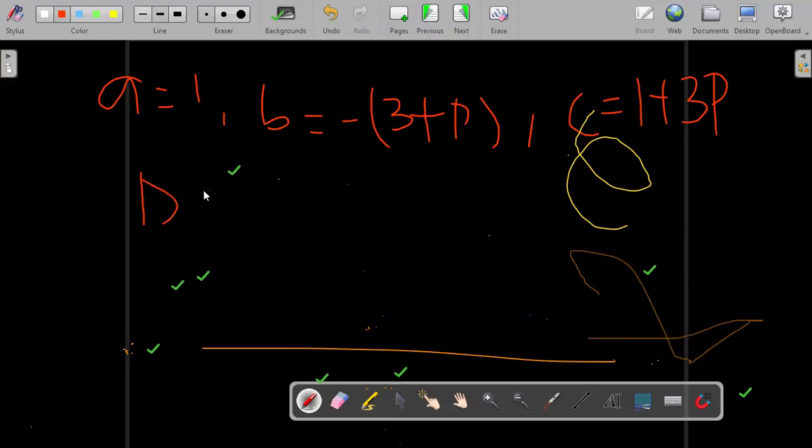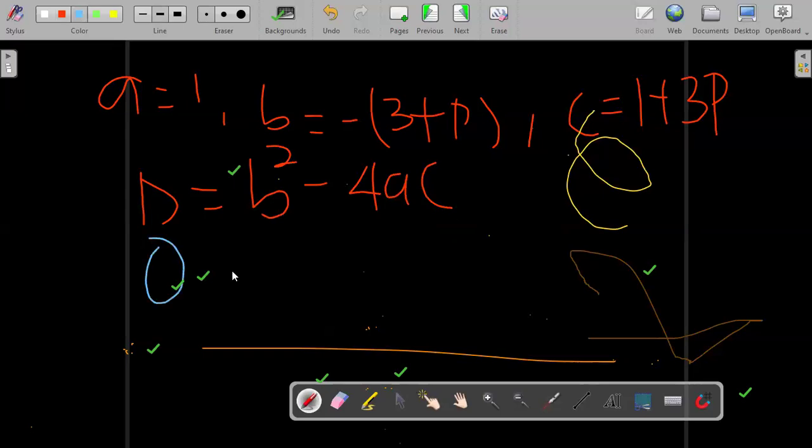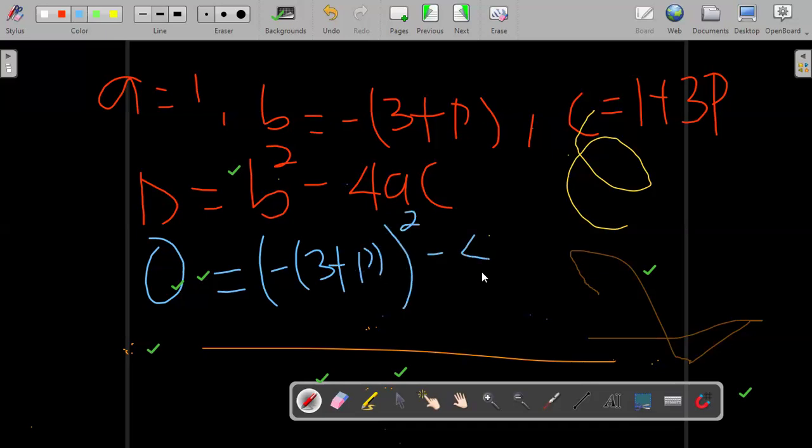So I'm having d equals b squared minus 4ac. For the root to be equal, my d is 0. I will substitute now, putting b as minus into 3 plus p, all squared, minus 4 times a times 1 plus 3p. If I square this, the square will affect the minus.